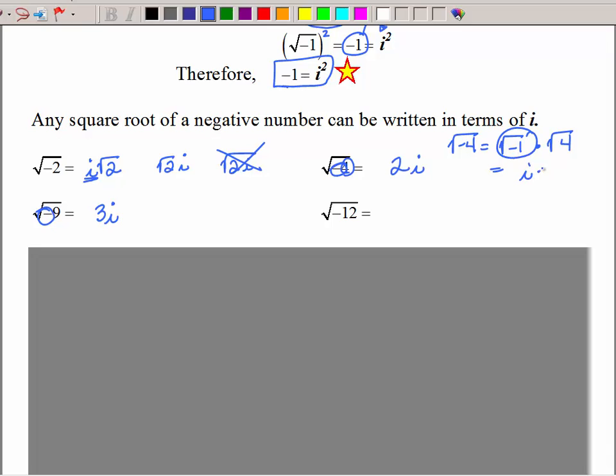That part is the i, and that is the 2. So that's how I'm getting 2i. So with the square root of negative 12, remember we can break that apart. We can take out a 2 and leave a 3, but because of that negative, that's that square root of negative 1, we're going to rewrite that in terms of i.